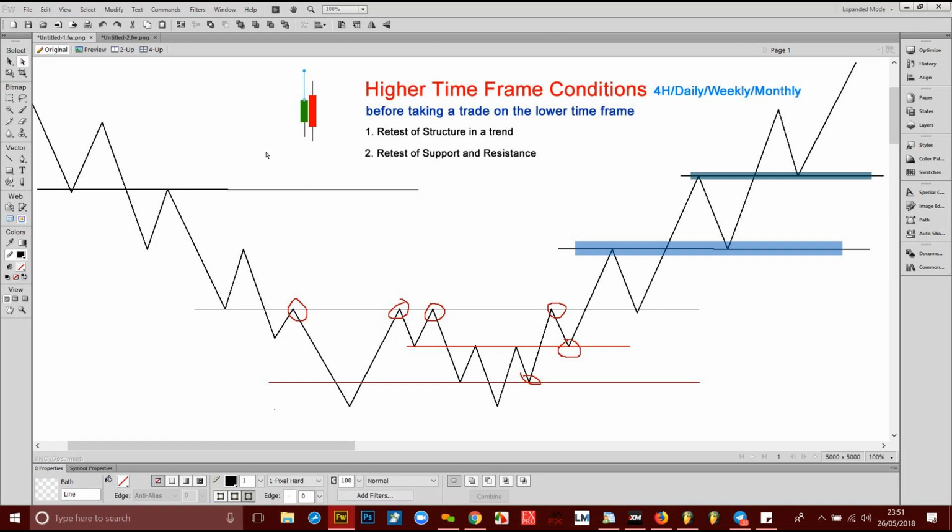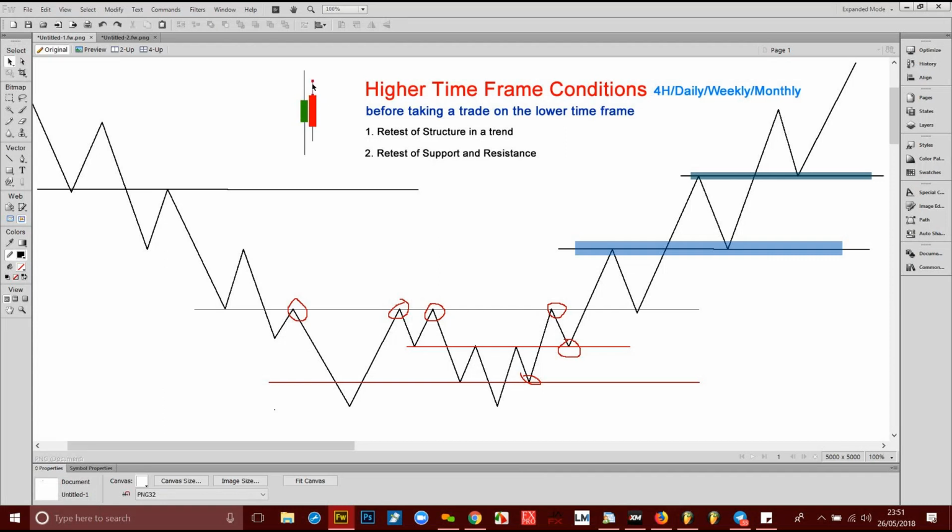This could happen. We can see this. But as long as the body is inside the body of the engulfing candle, the red candle, then that's valid.